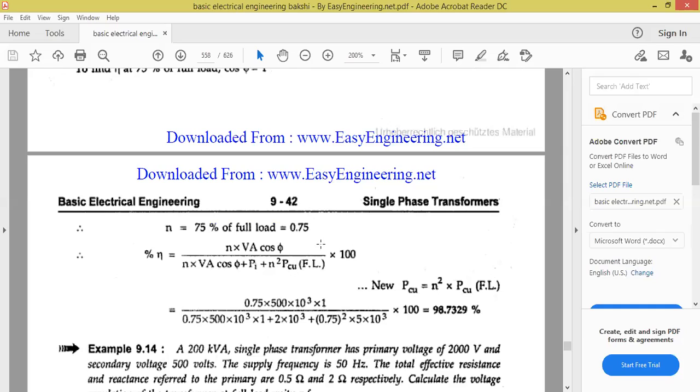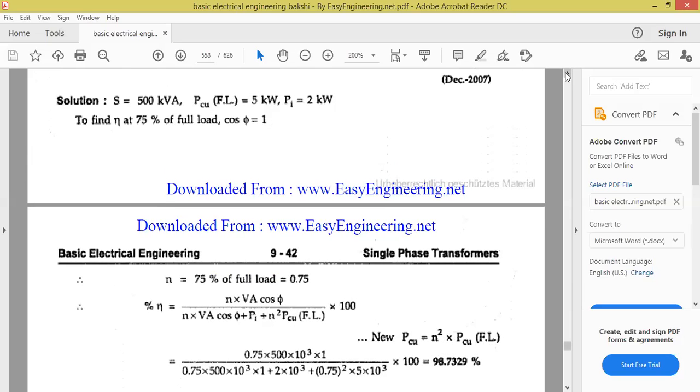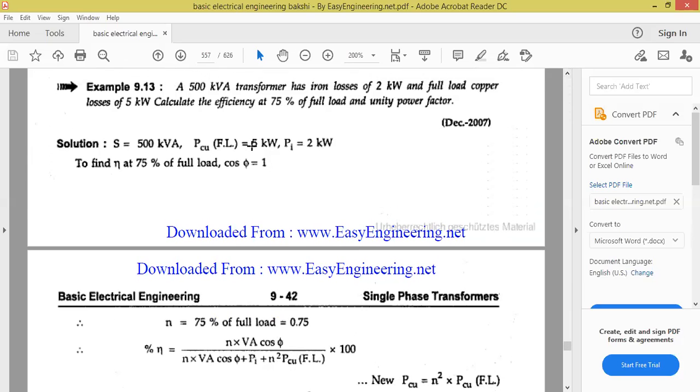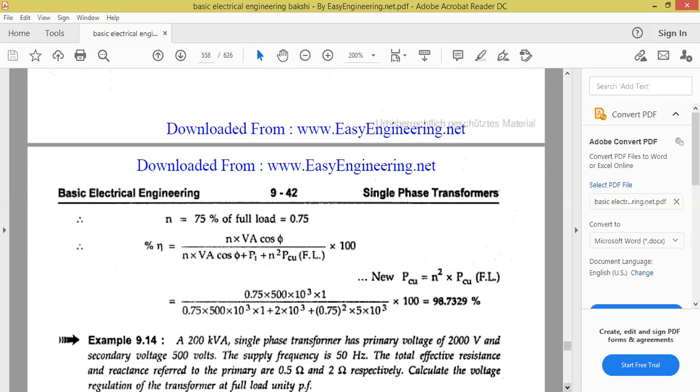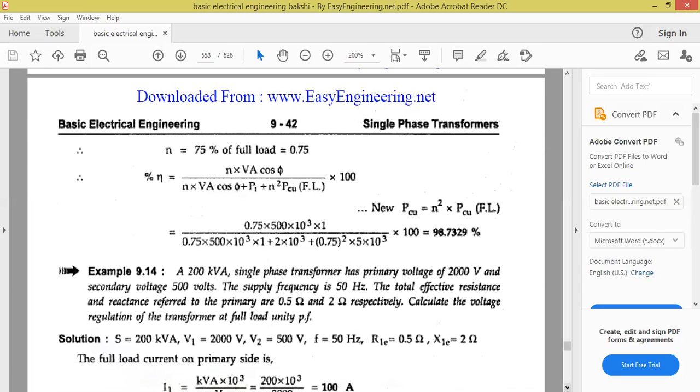So N is equal to how much? 0.75. 0.75 whole square into copper loss at full load. What is the copper loss at full load? They have given copper loss in the problem, 5 kilowatts. Okay. Iron loss will remain constant always. So directly you can write here 5 kilowatts, 5000. Okay. You can substitute or you can write the formula directly. So you'll get the value. So these types of problems are direct problems.